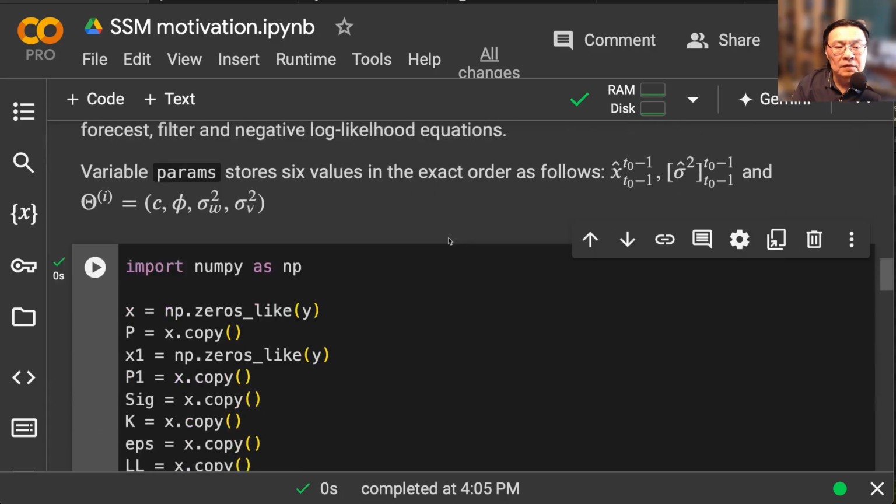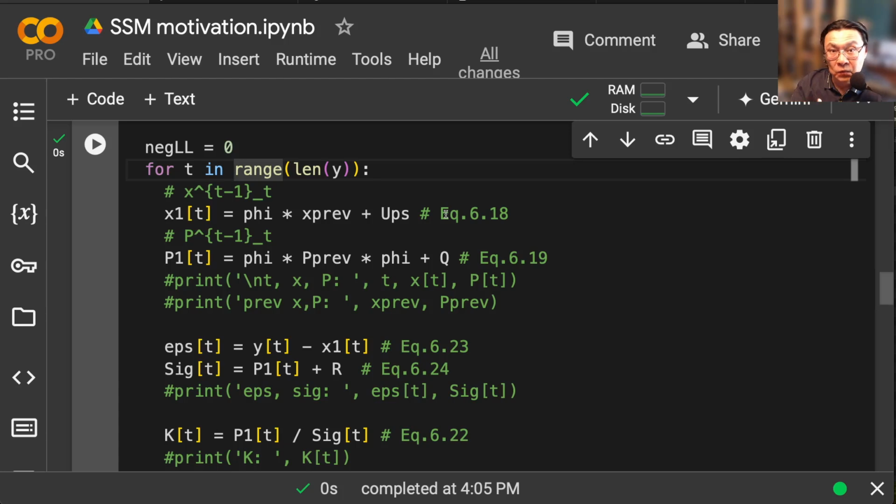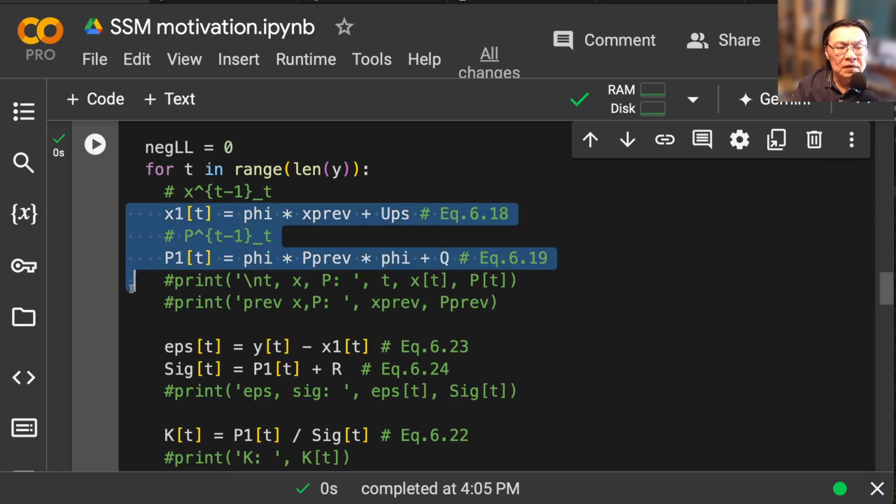And I gave the number references of equations so that if you're reading Shumway and Stoffer's textbook, you can easily find them in the textbook. So this is my forecasting equations for my state and its variance. These are my forecasting equations.